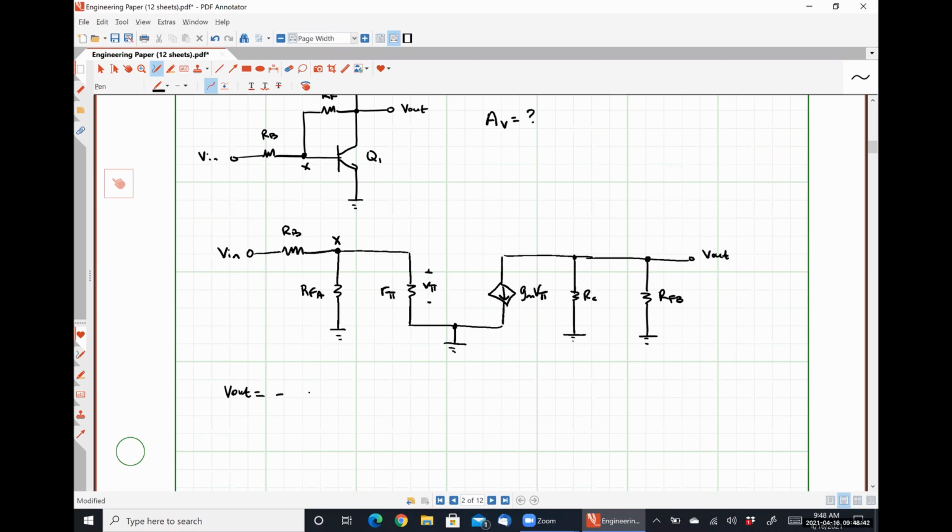So negative gm v_pi, R_C in parallel with R_FB, right?